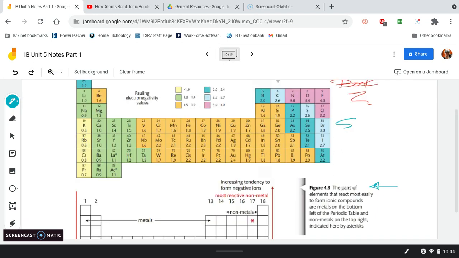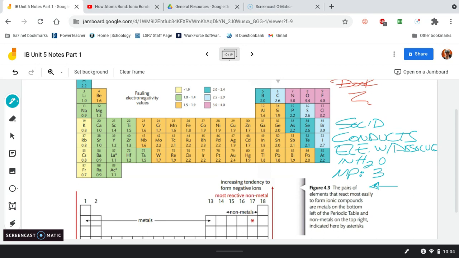They're like, it's a solid and it conducts electricity when you dissolve it in water. And it has a melting point of 560 degrees Celsius. Okay, so you got these traits.